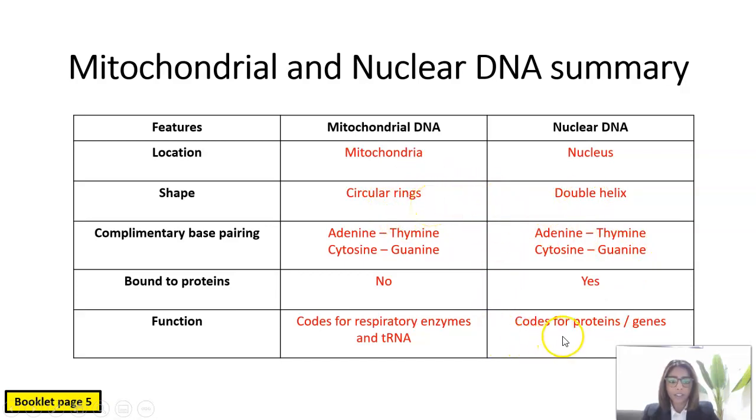And the wide and varying functions of nuclear DNA are to code for genes and proteins, whereas mitochondrial DNA codes for respiratory enzymes and a molecule called tRNA, which we'll talk about later. Now, because nuclear DNA is so large, it is wrapped around histone proteins and forms nucleosomes, whereas mitochondrial DNA does not, and it's just a single circular ring.